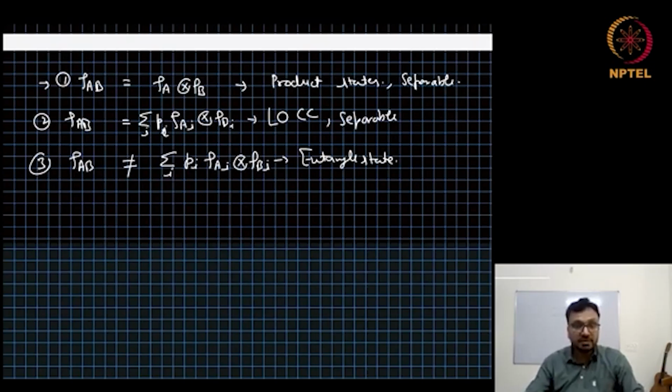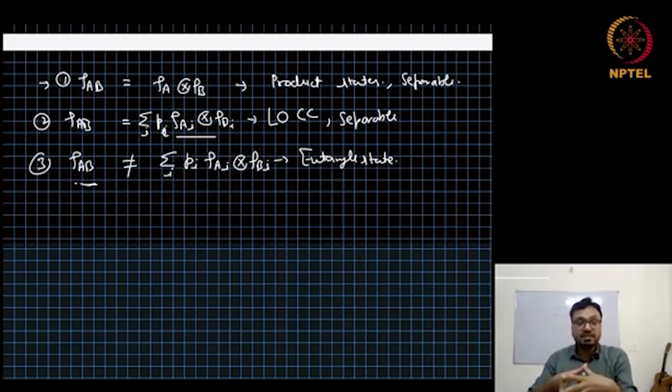What we are trying to say here is that there exist some states for which this kind of decomposition, the separable decomposition, does not exist. If we can prove that the separable decomposition of a state does not exist, then the state must be entangled.